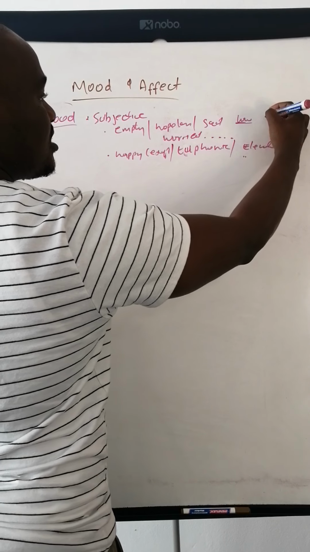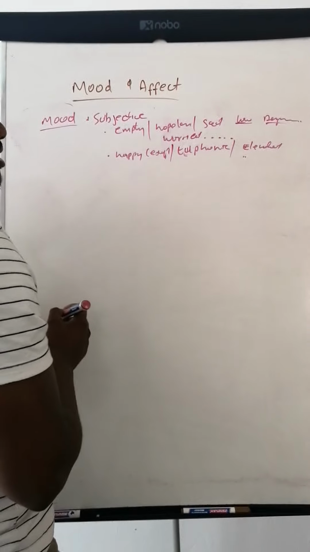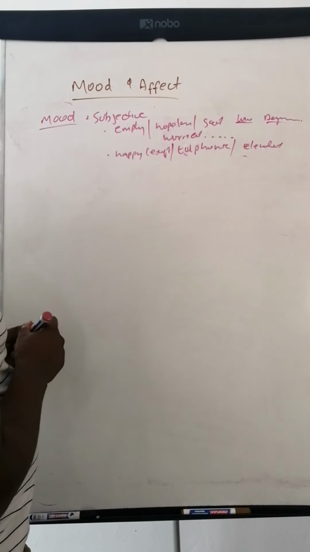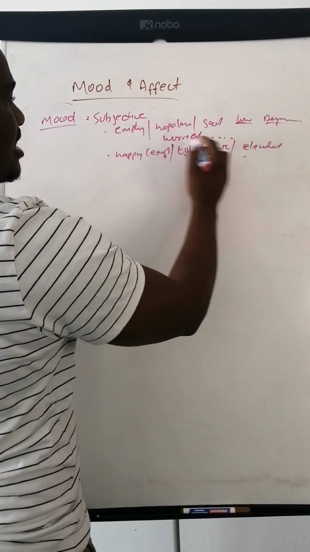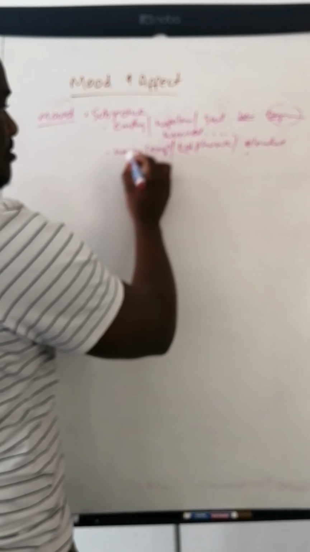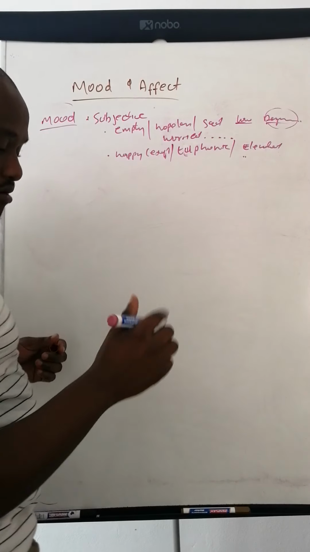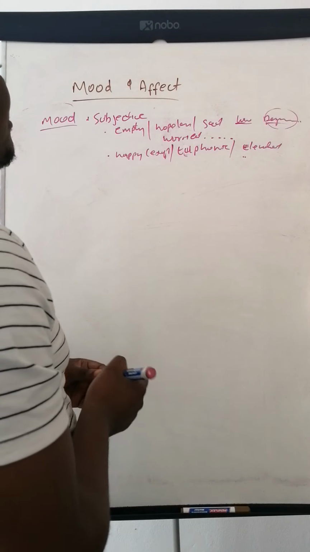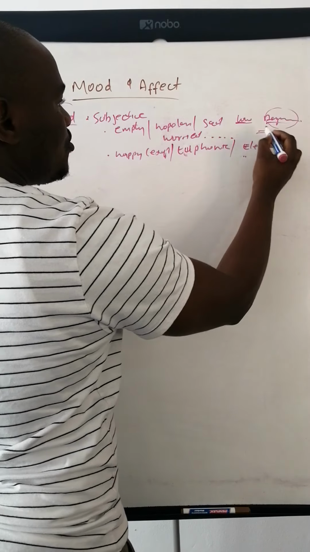This one is associated with depression. And that's why after you have told them this, they can say you've got a depressed mood, or they say you have mania or hypomania, whatever the case might be. Or they say you are in between, so you are euthymic.